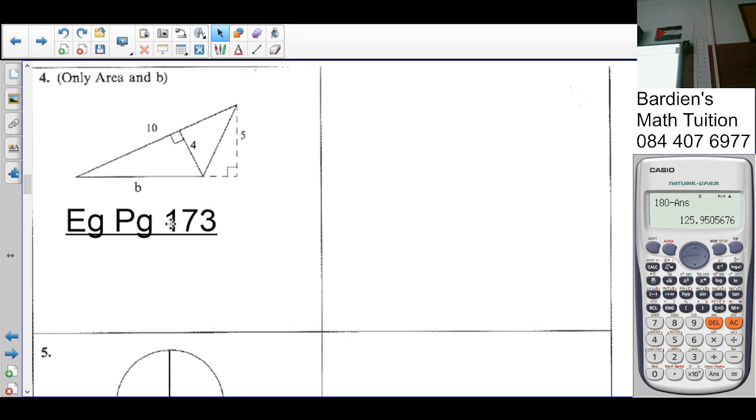Here's the next one. It says area and B. So you're not going to calculate the perimeter.